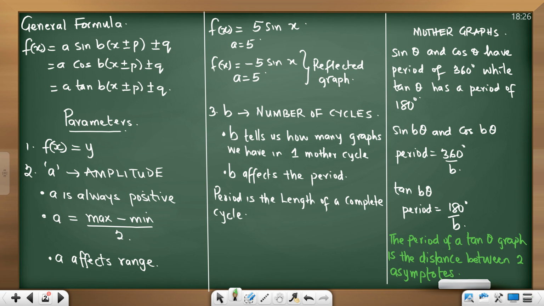Don't forget the formula: period is 360 over B for sine theta and cos theta. But for tan, it is 180. That takes you back to general solutions. For sine and cos we say plus k, 360, but for tan, plus k, 180. It repeats itself after every 180 degrees.